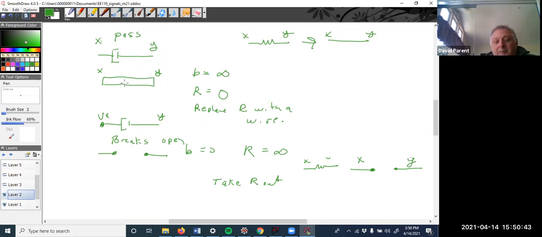Here it breaks and freezes together, right? Becomes solid. It's just a steel rod. And here they're completely disconnected. Okay.